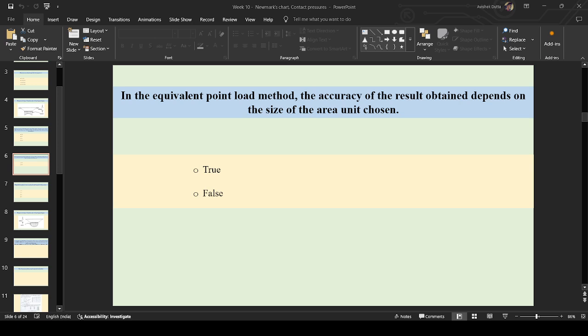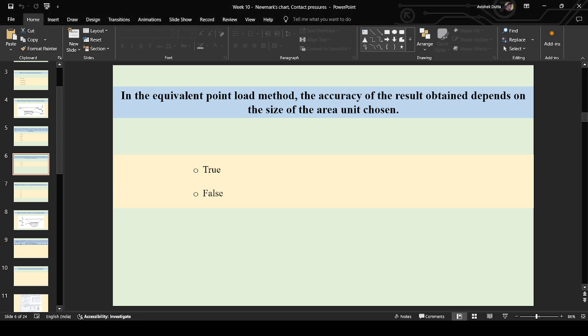In the equivalent point load method, the accuracy of the result obtained depends on the size of the area unit chosen.